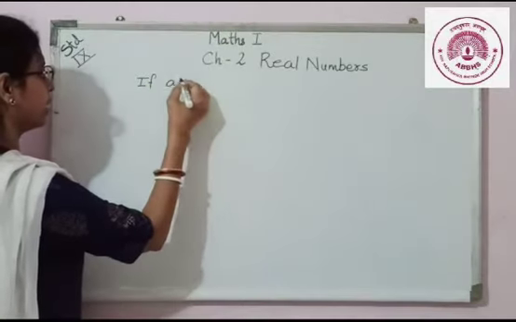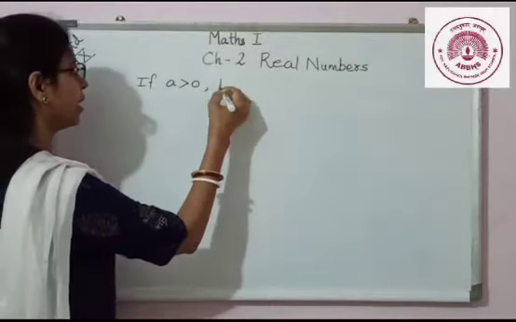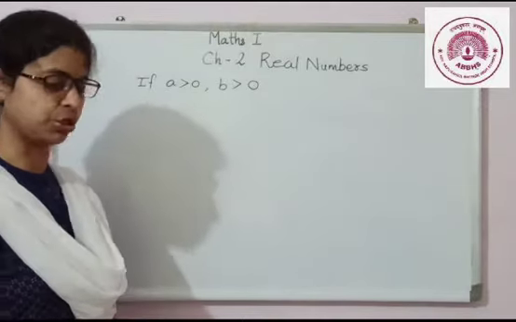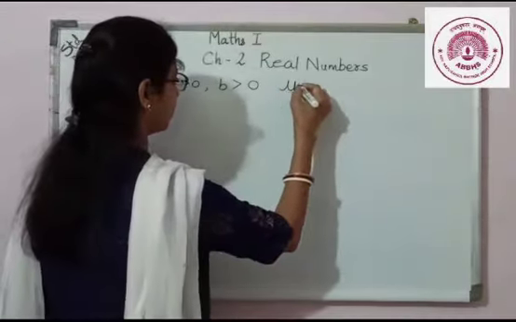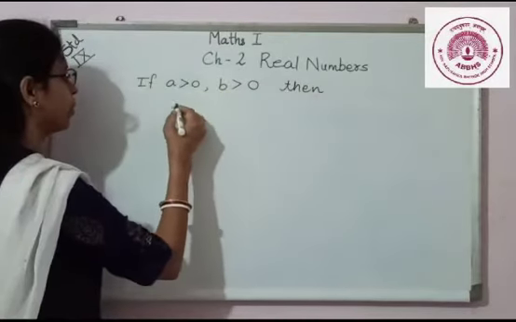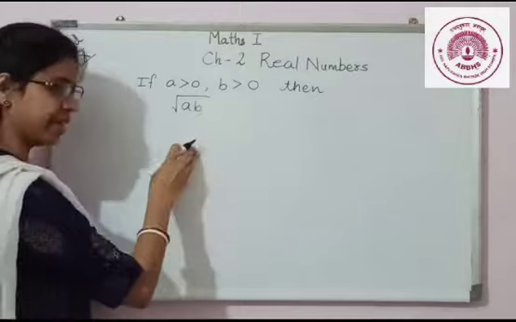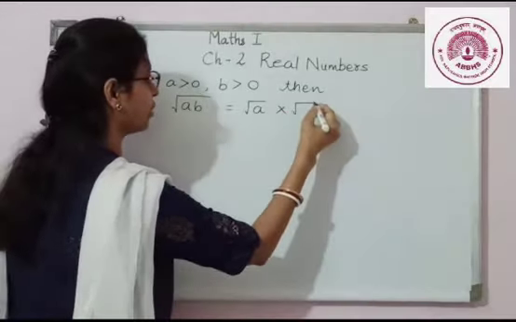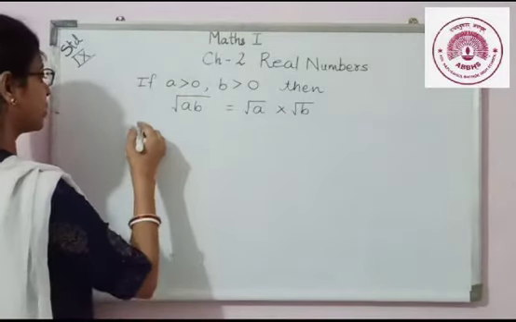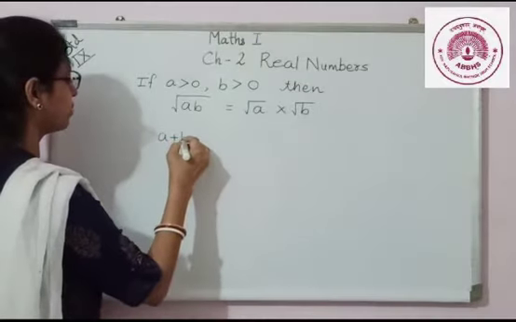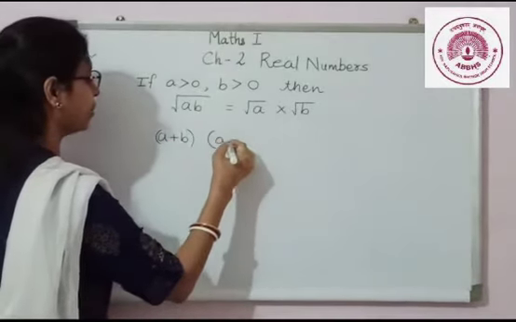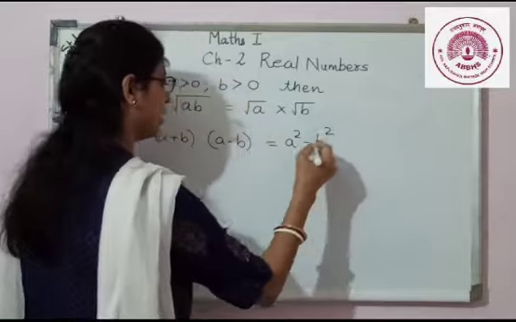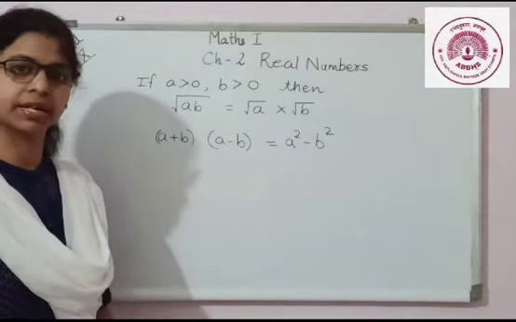If A is greater than 0 and B is greater than 0, that is, A and B both are positive integers, then the square root of A multiplied by B is equal to square root of A multiplied by square root of B. The next is (A plus B) into (A minus B) is equal to A square minus B square. Now this identity we have done in the previous class.